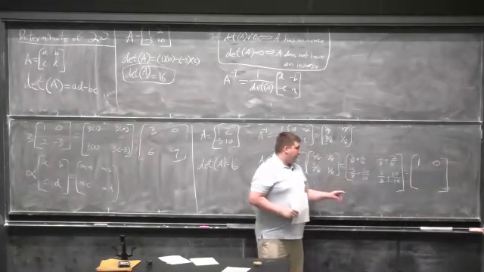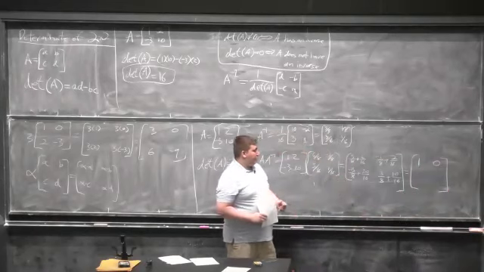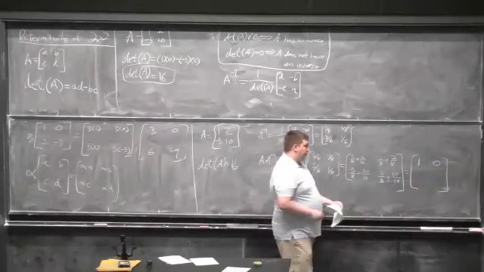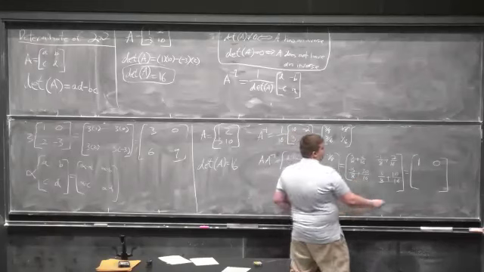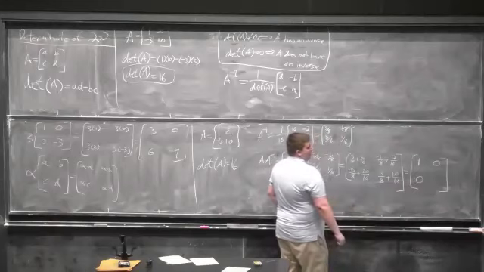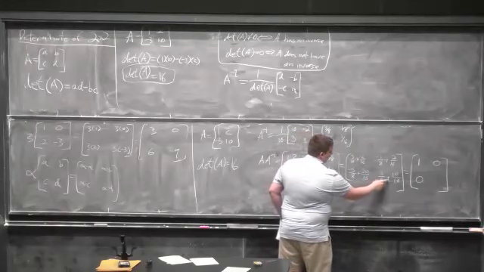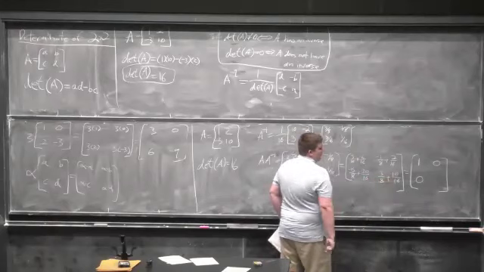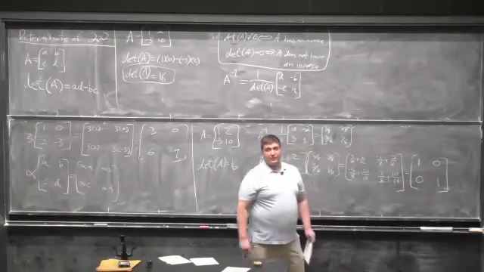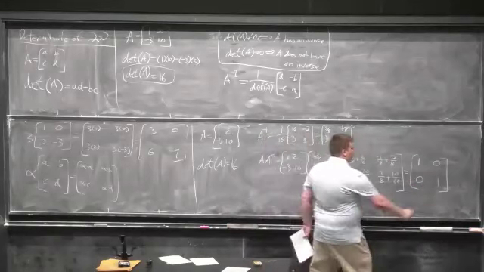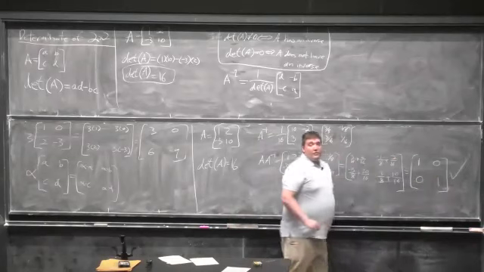And -15/8 plus 30/16 is -15/8 plus 15/8, which is 0. And finally, 3/8 plus 5/8 reduces to 8/8, which is equal to 1. So it is an inverse.